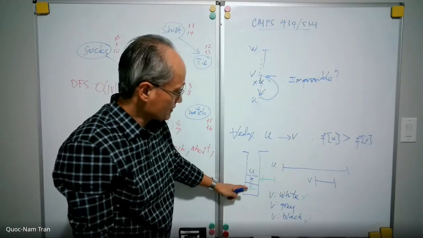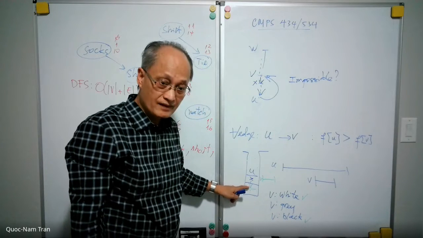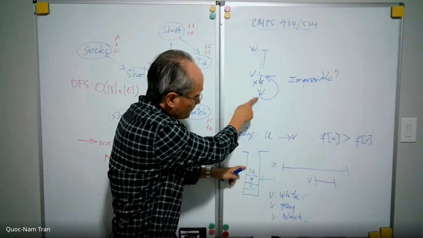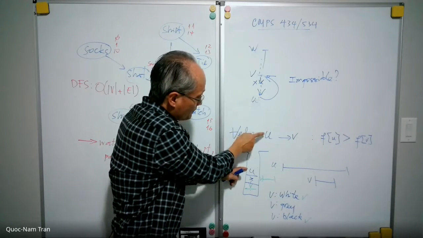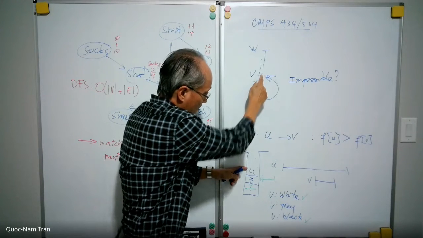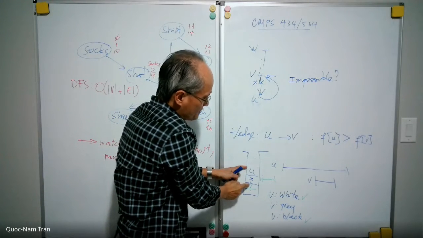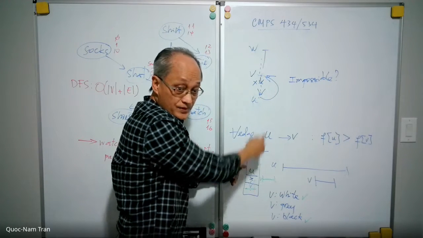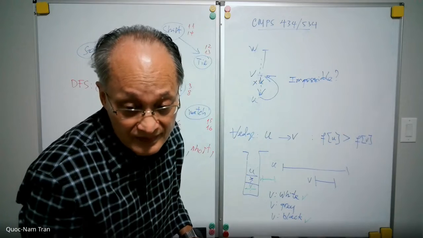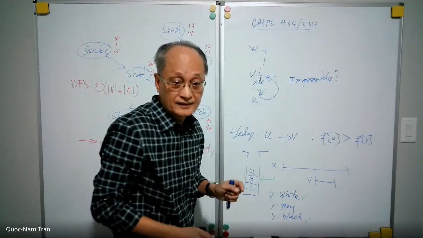So if V is gray, meaning V is on the stack before we add U. And now, because we have the add from U to V, right? So color of V is gray, and we say that this guy is impossible. Yes, right? Because it created a cycle.